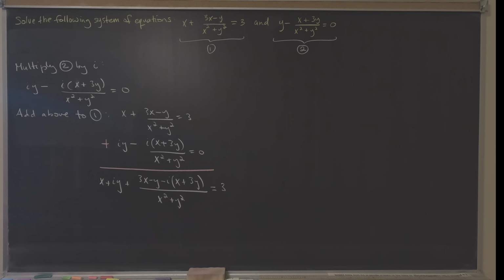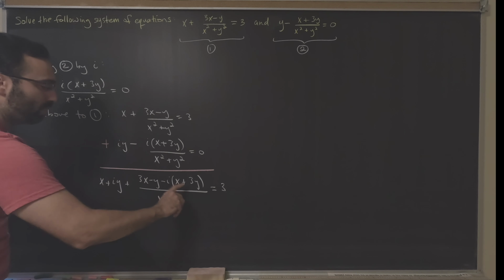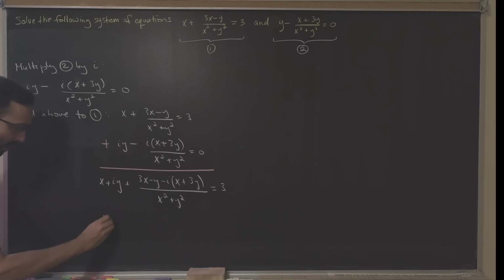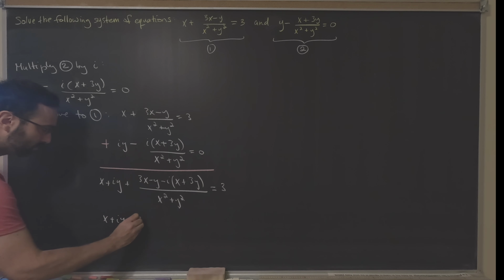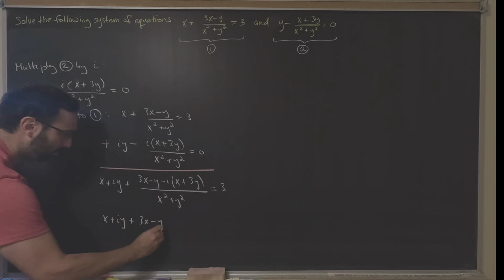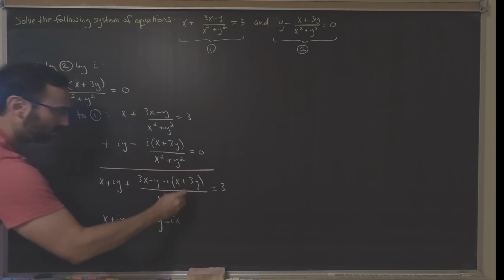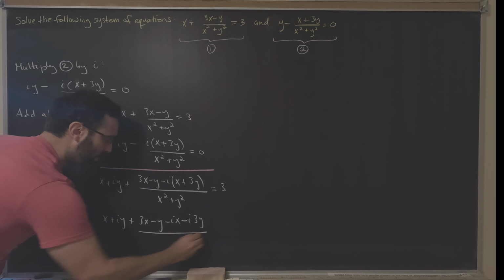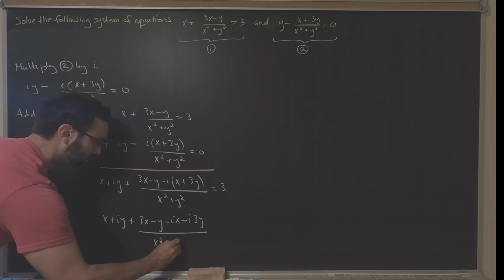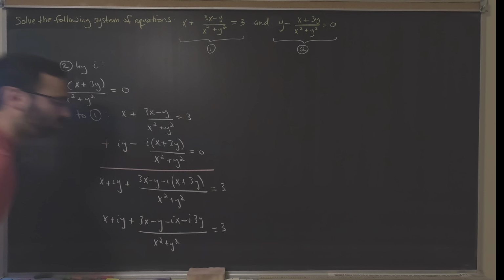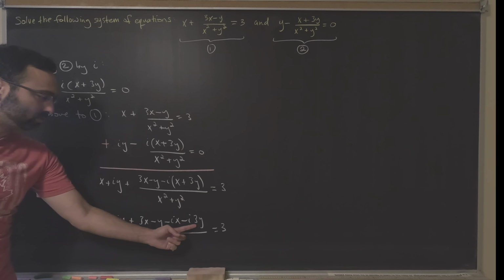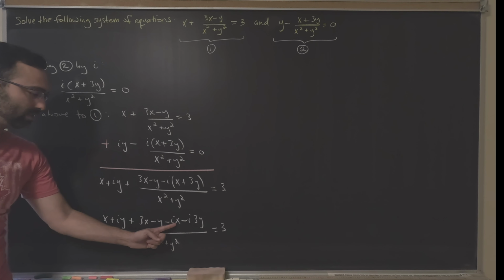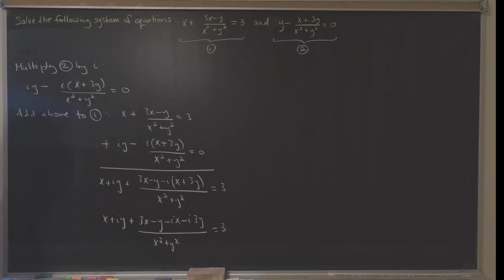Okay, great. In the numerator here, we'll expand this bracket so that we get the following, all over x squared plus y squared equals 3. And then what we'll do is we will take these two terms, factor out the 3, and then take these two terms and factor out a minus 1.